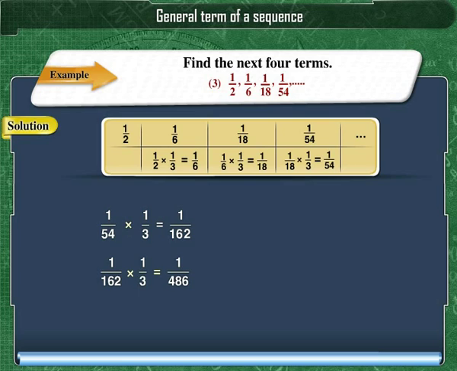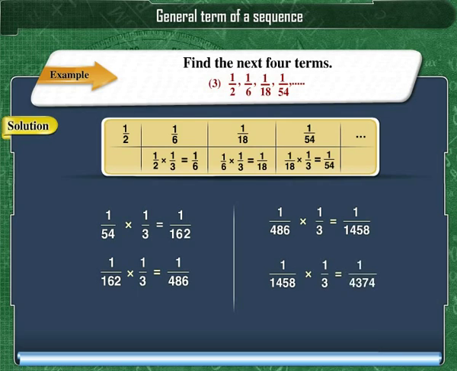The next term is 1 upon 486 into 1 upon 3, which is 1 upon 1458. The term after that is 1 upon 1458 into 1 upon 3, which is 1 upon 4374.